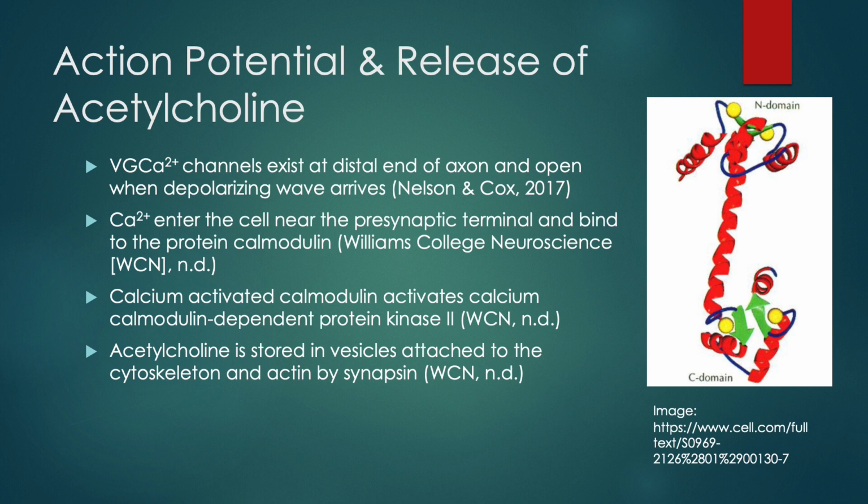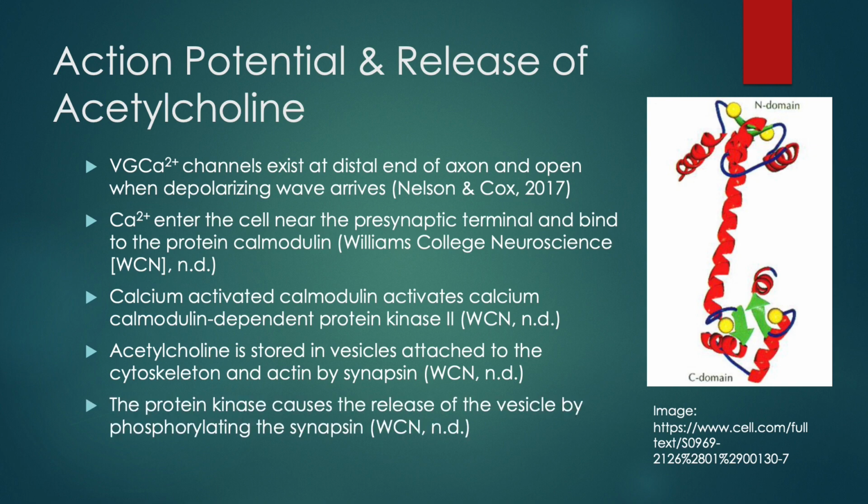The acetylcholine is stored in vesicles that are attached to the cytoskeleton by a synapsin. What will happen here is that the protein kinase causes the release of the vesicle by phosphorylating the synapsin and releasing it from its actin cage.